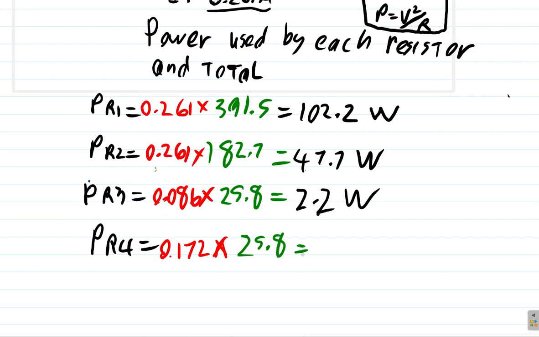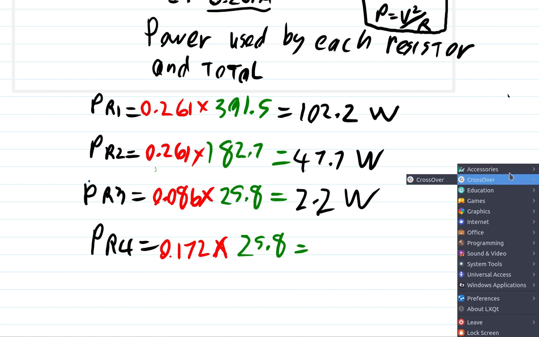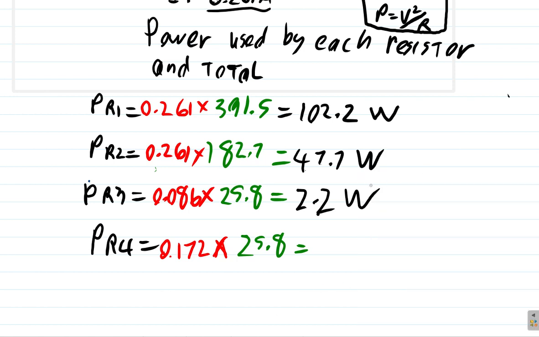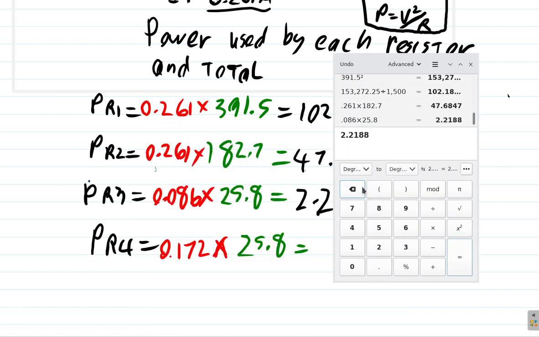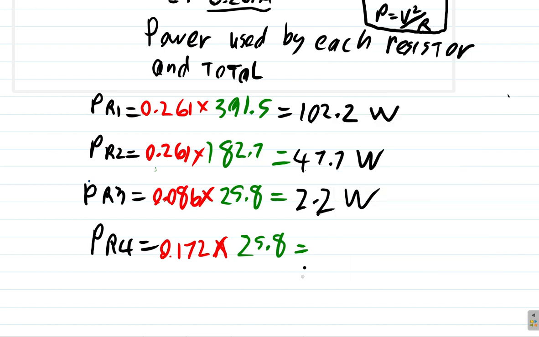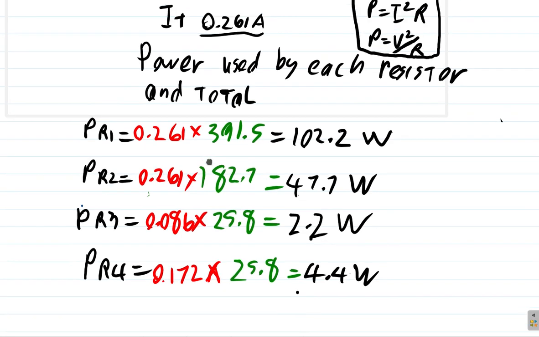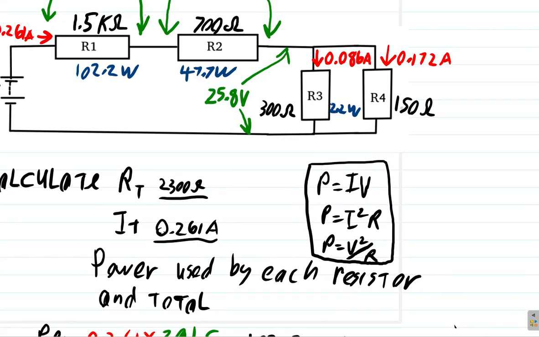So 0.172 times 25.8 volts equals 4.4 watts. 4.4 watts of power being used by R4.